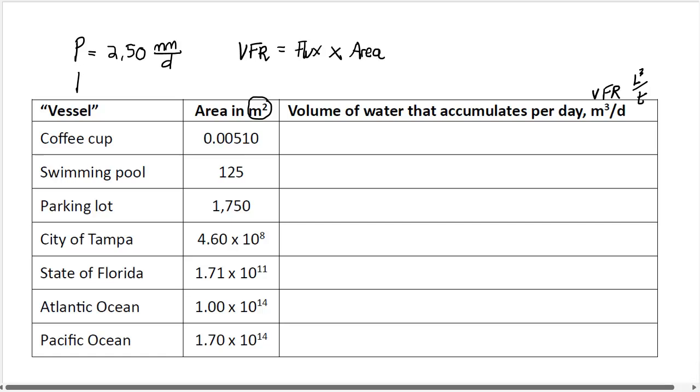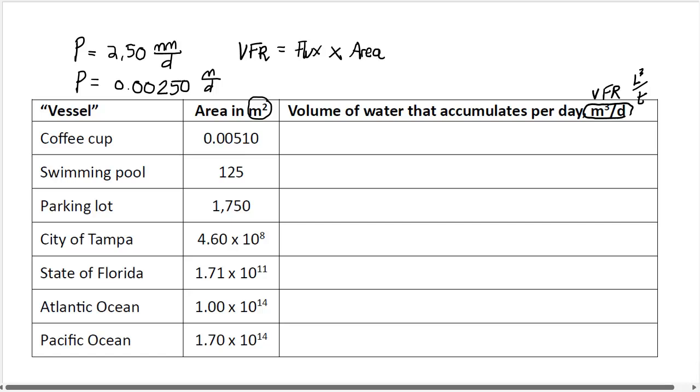So the precipitation flux will equal 0.00250 meters per day. And then I simply take this value, the precipitation flux in meters per day, times these areas in meters squared. And when I multiply them together, I will get meters per day times meters squared equals meters cubed per day, which is what I want. That is the volumetric flow rate.